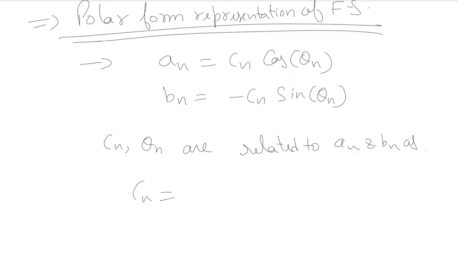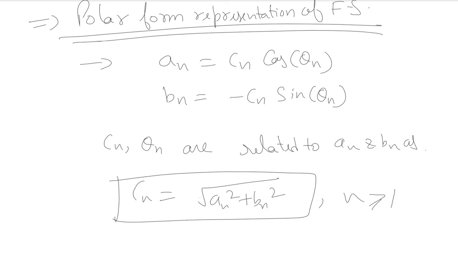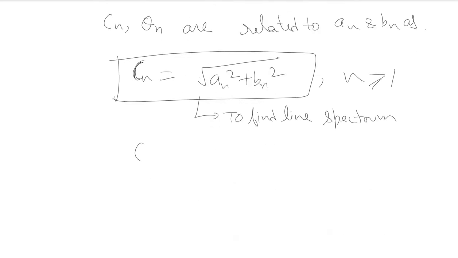cn is equal to square root of an square plus bn square for n greater than or equal to 1. This is the line coefficient. Cn is known as the line coefficient, and it is helpful in finding the line spectrum of Fourier series, and C naught is equal to A naught.